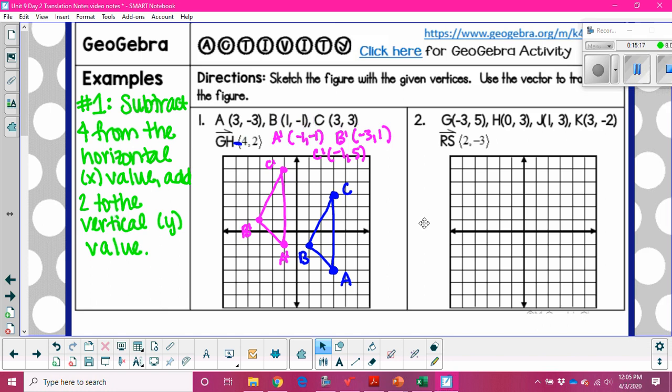Okay, so for number 2, G is at (-3, 5). H is at (0, 3).